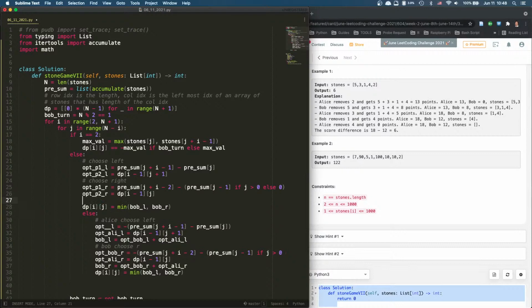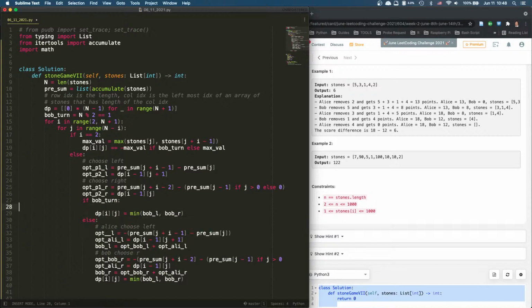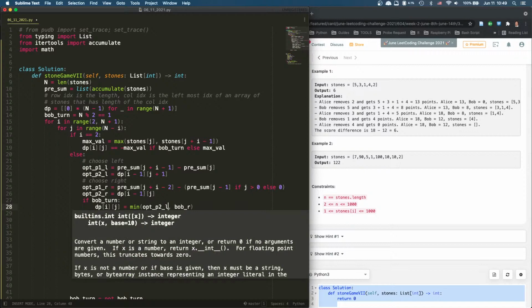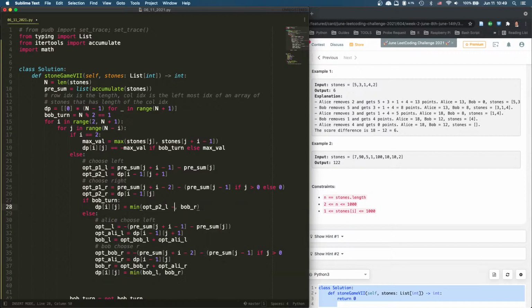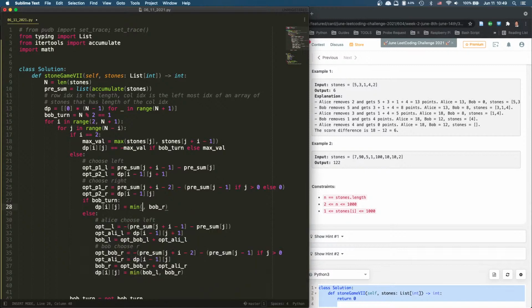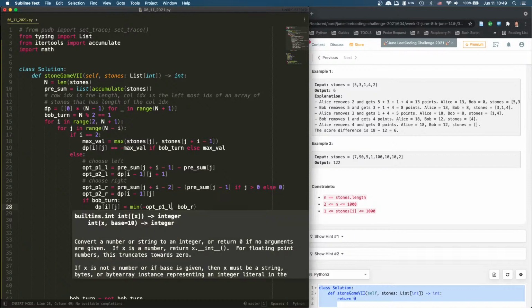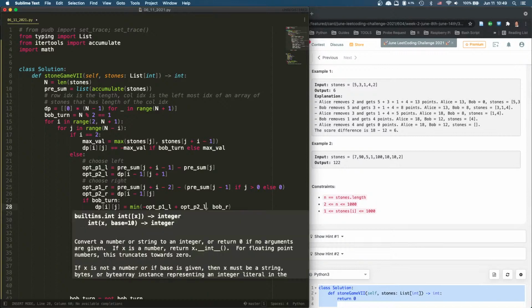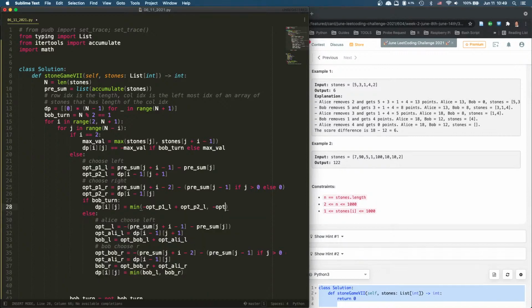So if it's Bob's turn, then this is going to be the minimum of, actually I want to be more explicit, minus optimal player 1 left plus optimal player 2 left, and this is going to be minus optimal player 1 right plus optimal player 2 right.